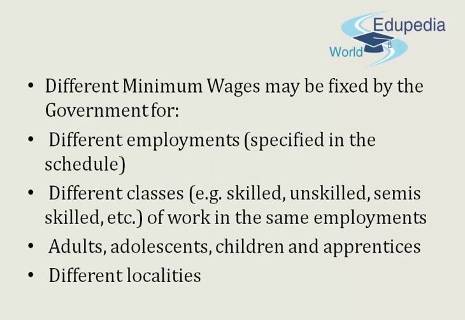Different minimum wages may be fixed by the government for different employments which are specified in the schedule. Different classes of employees, for example, skilled, unskilled, semi-skilled, etc., of work in the same employments, adults, adolescents, children and apprentices, and different localities.